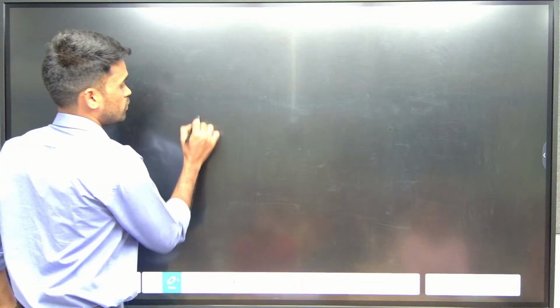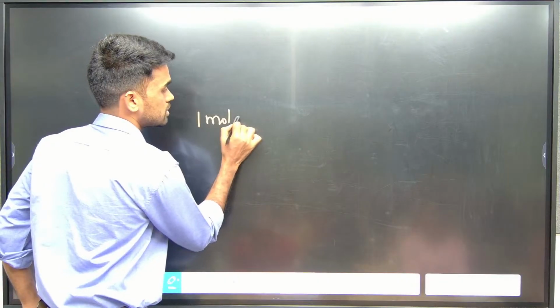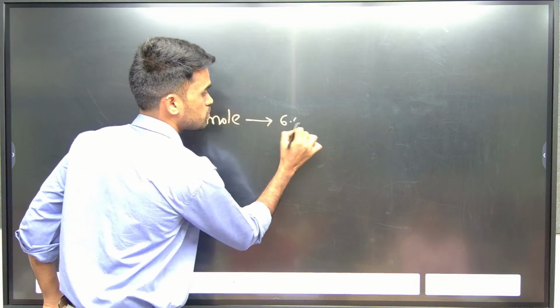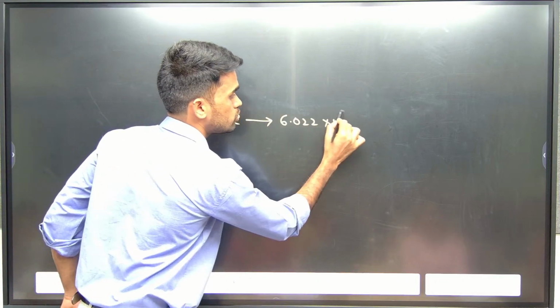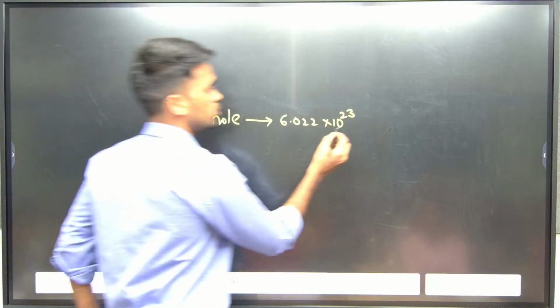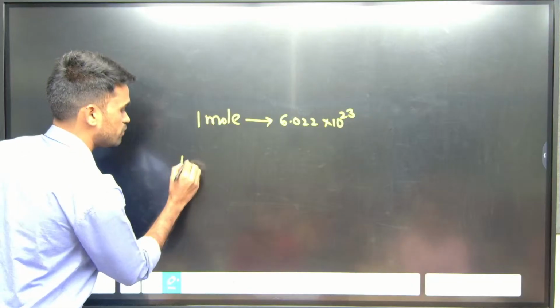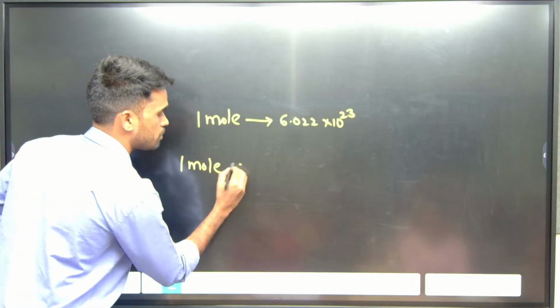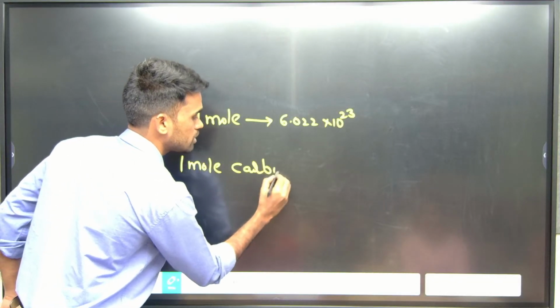Okay, so 1 mole means what we discussed? 6.022 into 10 power 23 particles. It can be anything. For example, I am saying 1 mole of carbon. What does it mean?